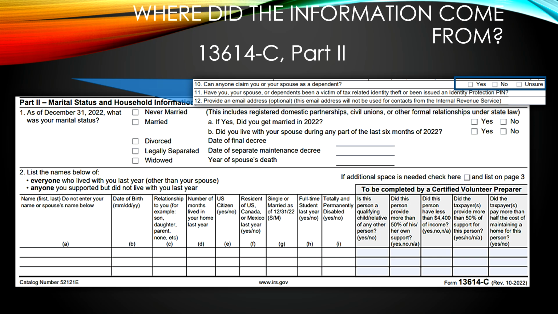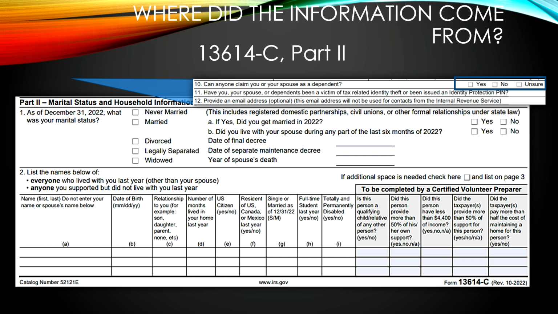And then in Part 2, we see the grid there at the bottom. They can list everyone who lived with them for the last year and anyone that they might have supported, even if that person didn't live with them. And then there are some questions that they are to answer. And then, as we pointed out before, there's this little gray box there on the right.